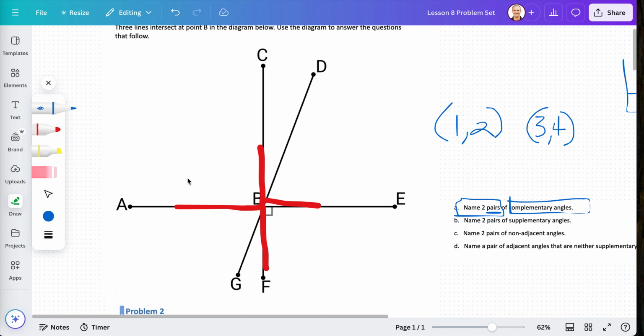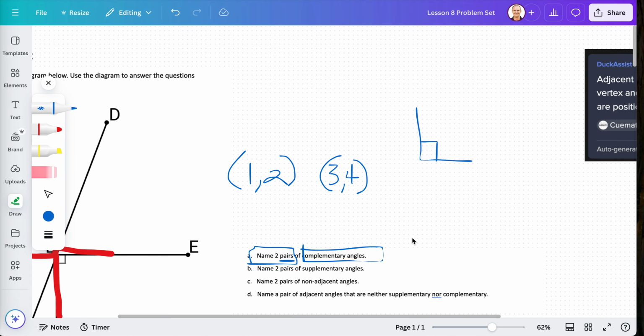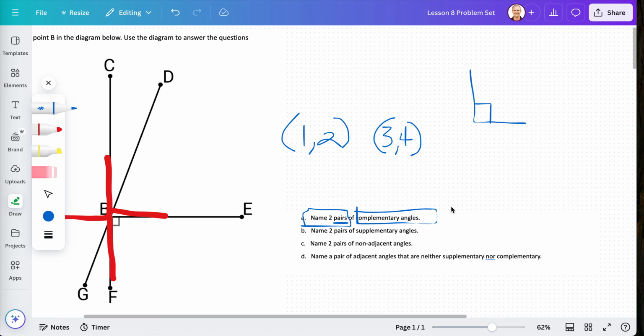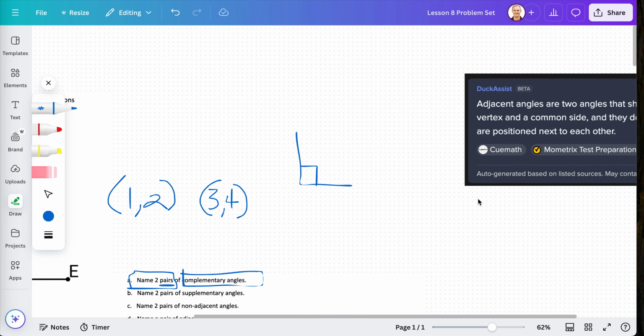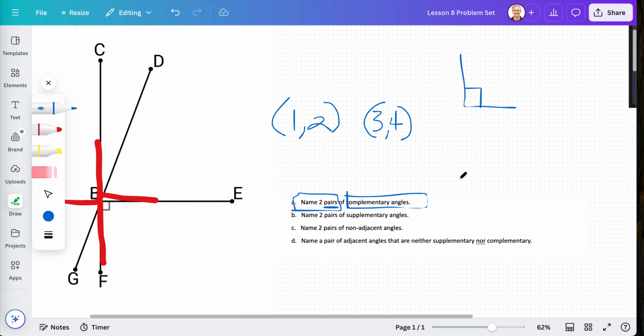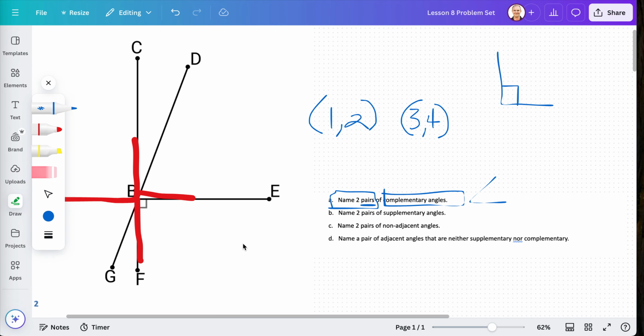Well, so I'll give you one pair. First you make the angle symbol, and then we'll go FBE.